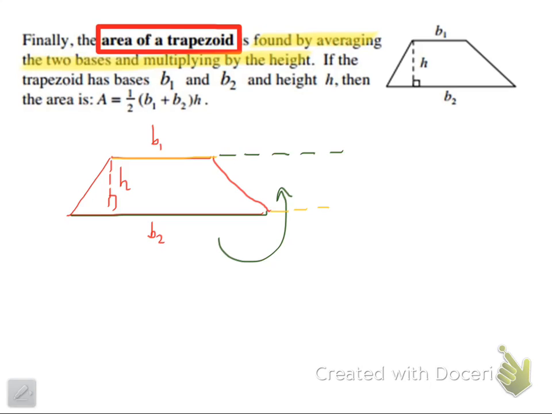So we know that this one here is probably a tad bit longer, just as it looks the same. And then we're going to take the length of the side here, and we're going to do the same here. Now we have a new shape. Now we have a parallelogram, just like we talked about earlier.